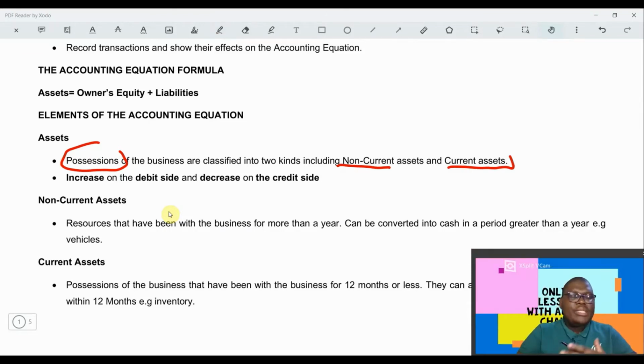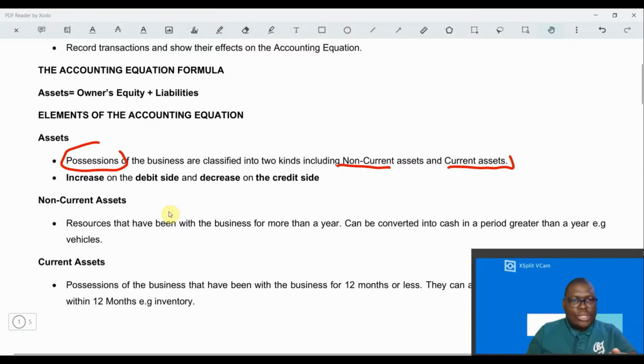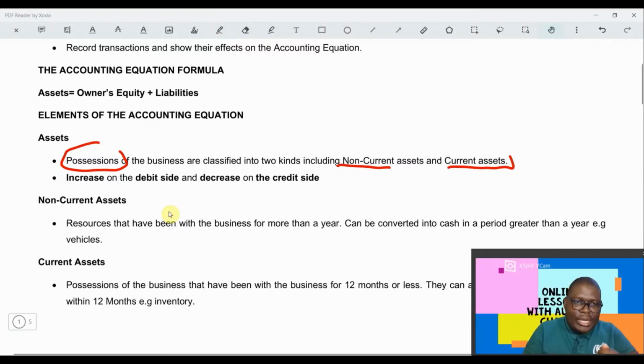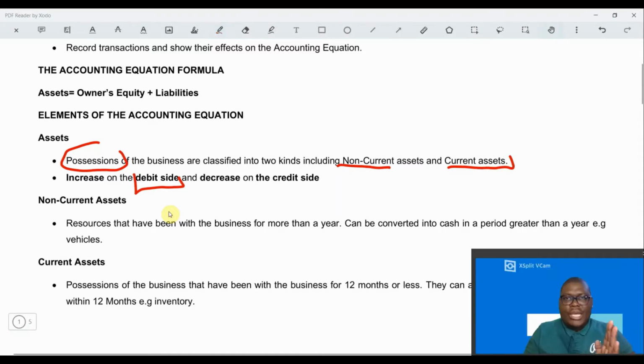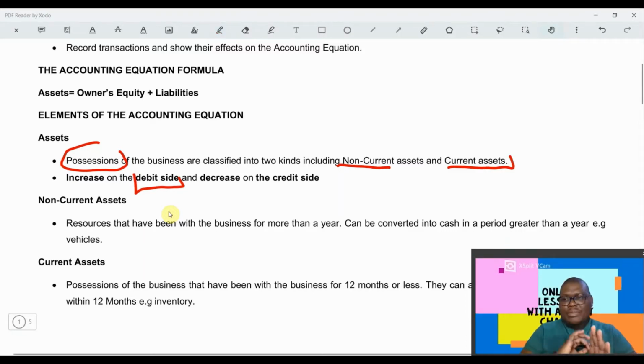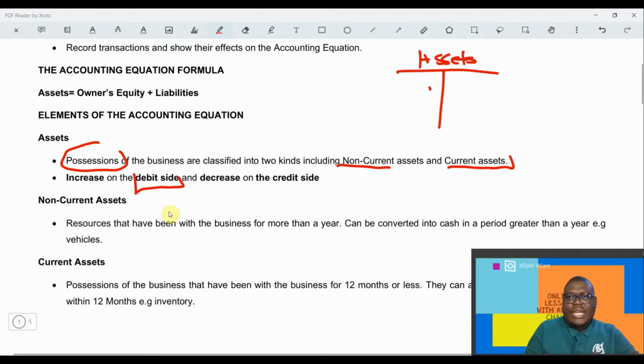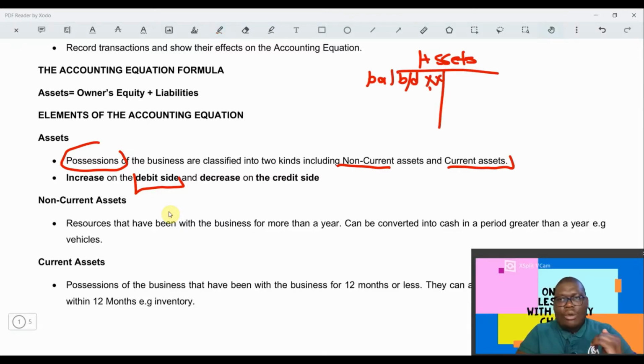Okay, and then we know that according to the accounting principles, our assets increase on the debit side. This works mostly when you are using the T account, which explains everything clearly. On the T account, normally you'll have something like this. Let's say these are our assets, you'll have a balance brought down on the debit side, and this is because assets increase on the debit side.